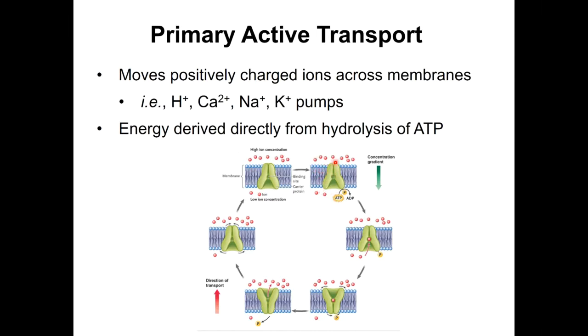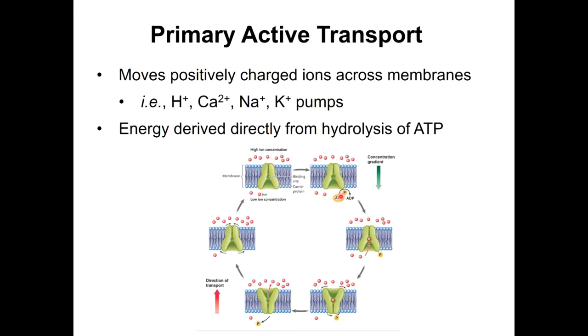How is this done? It's done by an active transporter, in this case a primary active transporter. What it does is bind the ion, and then at the same time or right before, it gets the energy to change the conformation by binding to a phosphate group coming from a molecule of ATP.